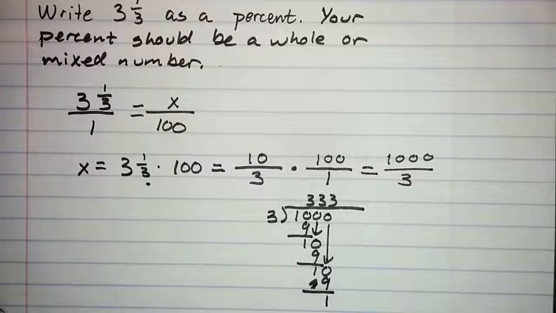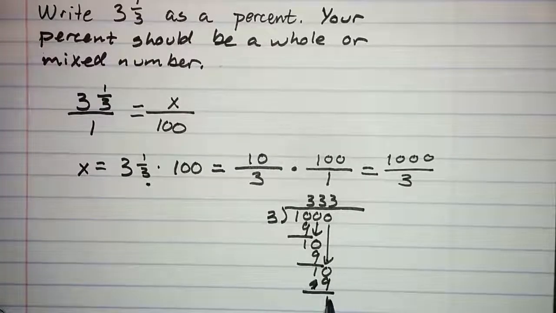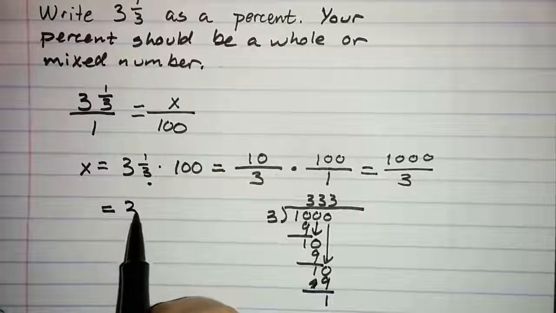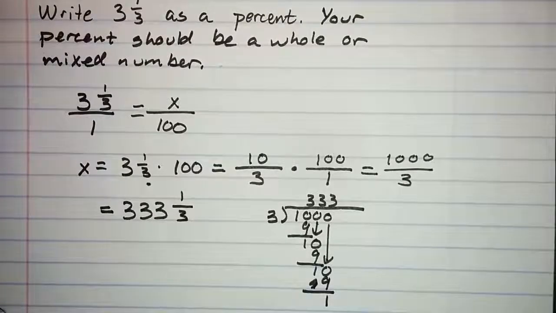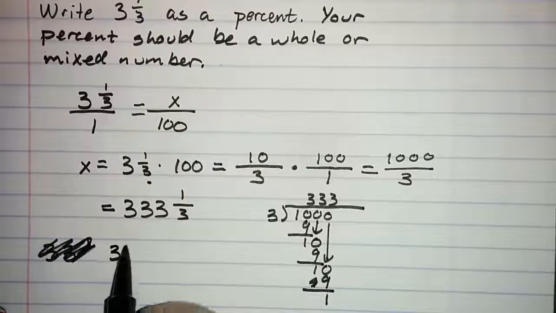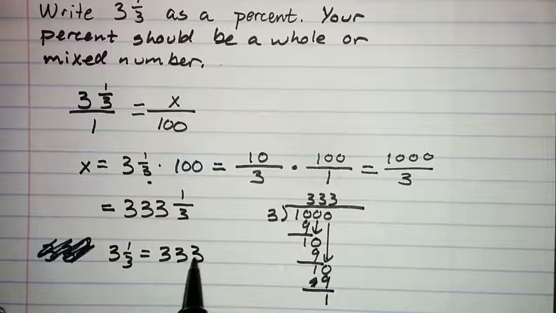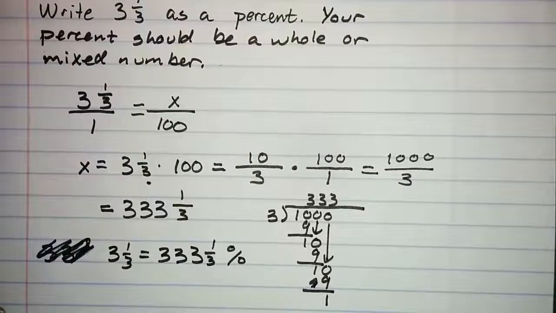Okay, so I have 333, and what's left? 1. So my 1,000 thirds is 333 whole things and 1/3 left over. That tells me that 3 1/3 is 333 and 1/3%. All right, fair enough.